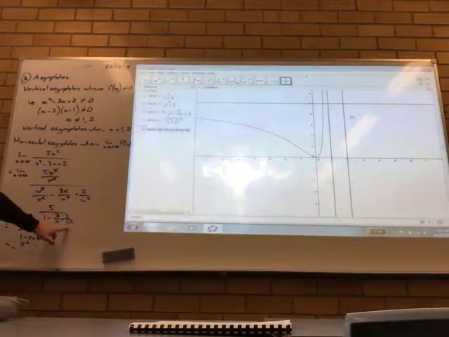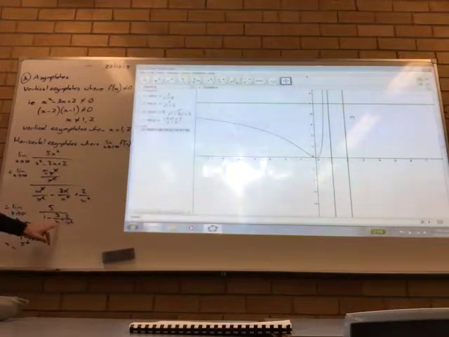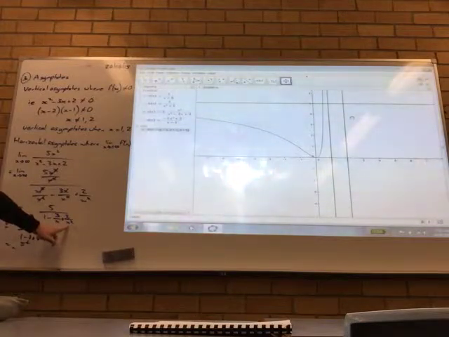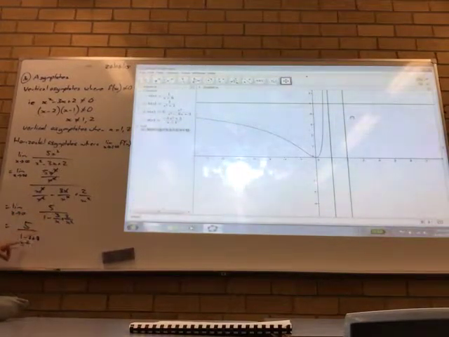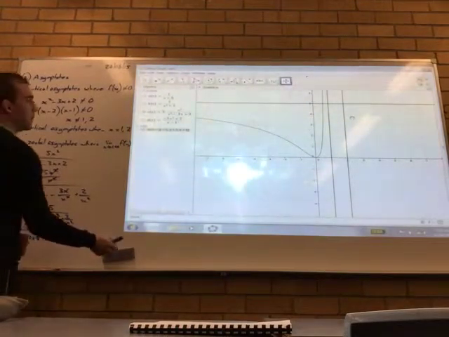If I put 100 in both of those, this is going to return a much smaller value. So I'm going to suggest that's going to be positive 1. Hang on, let me process that and I'll come back to it.